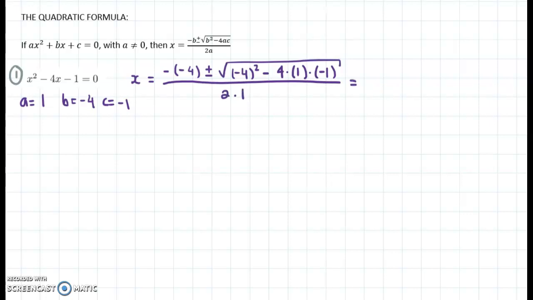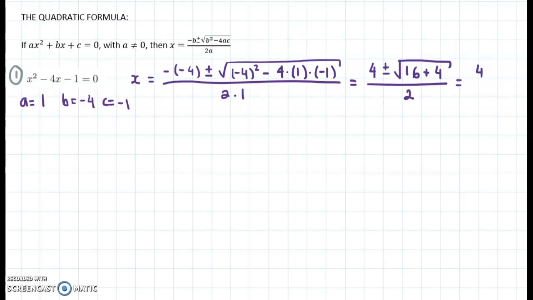So what we have over here is actually 4, and then plus minus, and inside the square root we have 16, and then we have -4 times 1 times -1, so that's going to be plus 4, and all of this divided by 2.